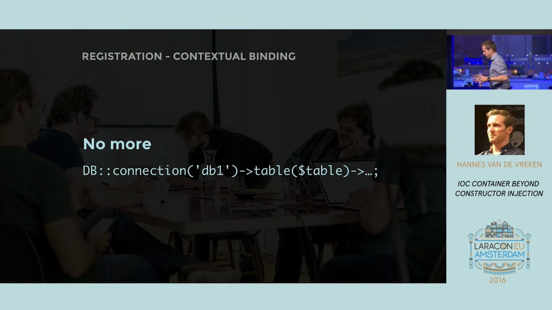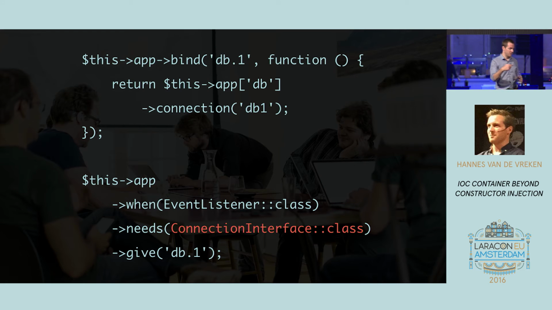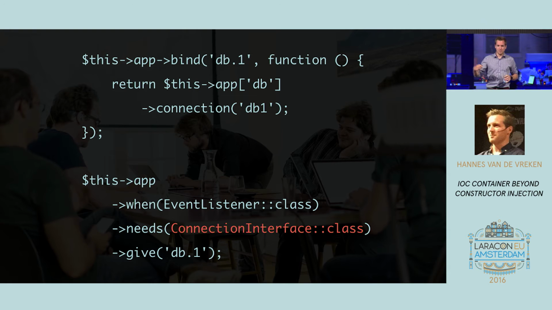When this situation occurs, some people do database connection, database 1, table something, and they use the facade. But what you can also do is bind database 1 to the IOC container, and when this event listener needs database 1, then you can give it db1.